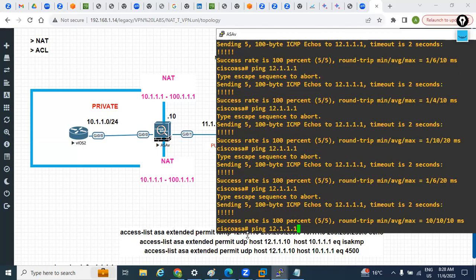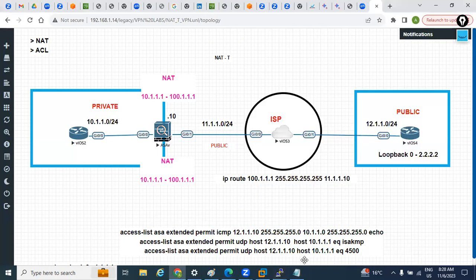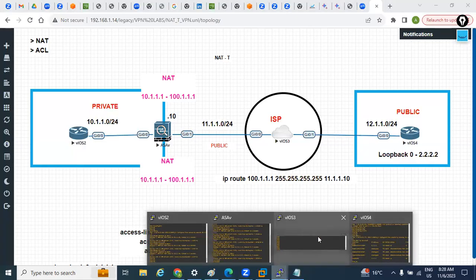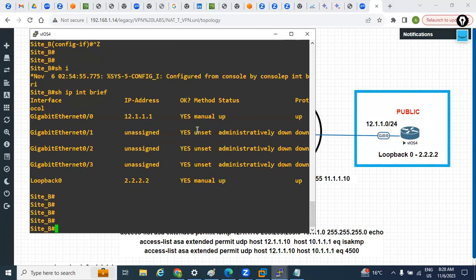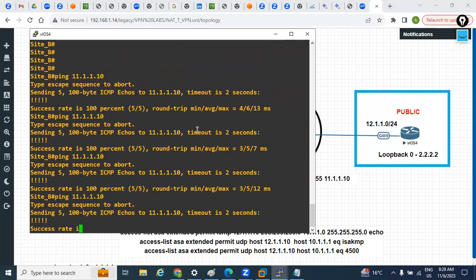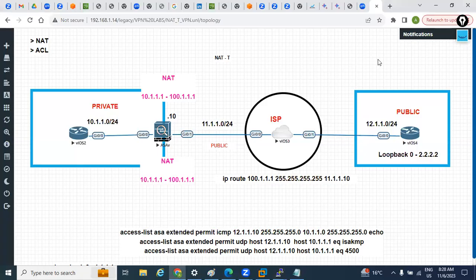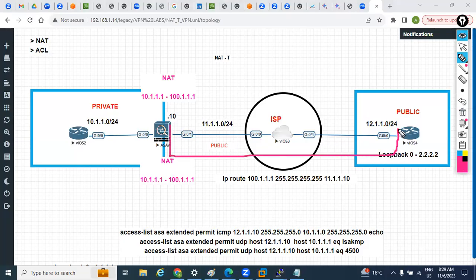You can see I'm able to ping it. And if you ping from Site B to 11.1.1.10, that is also possible. So yes, we do have reachability between this and this.